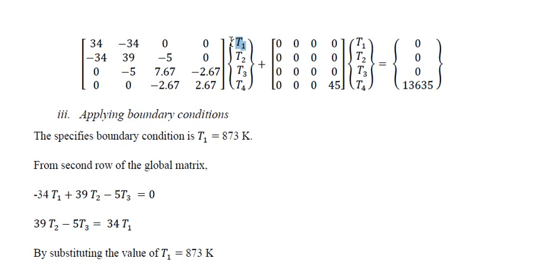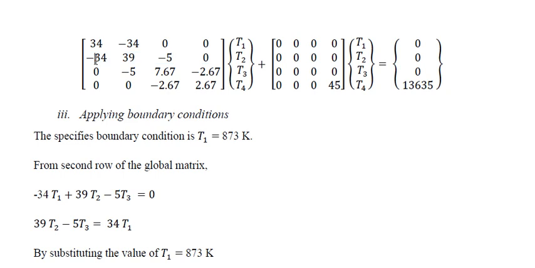How to apply the boundary condition now? I will explain carefully. Listen carefully. Since T1 is given, we will eliminate the first row and first column. This term should be made 0. To make the term 0, we should consider the second row and write that equation.